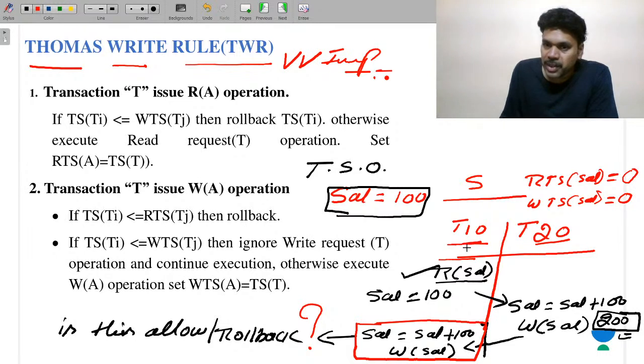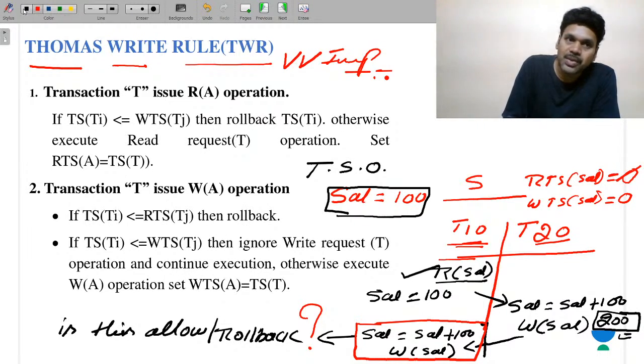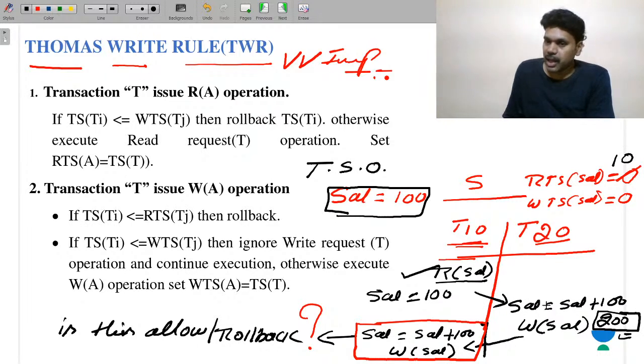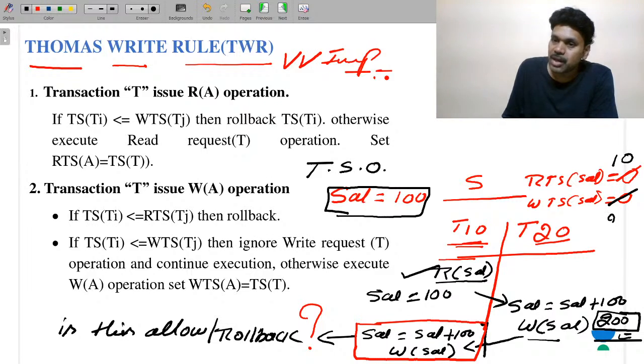Now by performing a read salary, once this is allowed, the timestamp value is updated to 10. And when you ask the write of salary 200, the timestamp value becomes 20.